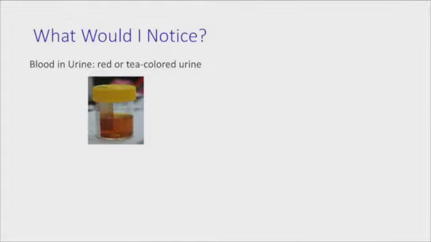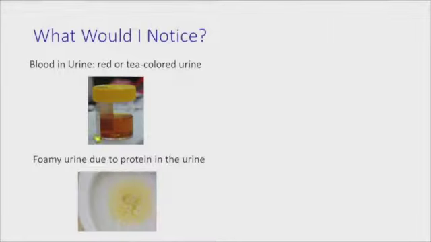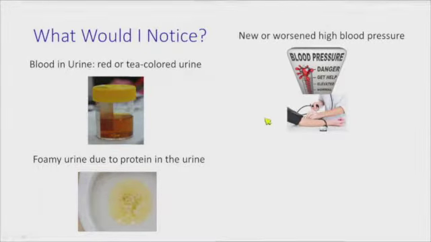It means that it can only be seen under the microscope, so the urine looks normal, but there is blood there. They can also see that the urine has become foamy, and this normally happens when there is a high level of protein in the urine. They can also find that they have a new or worsening of previous high blood pressure.